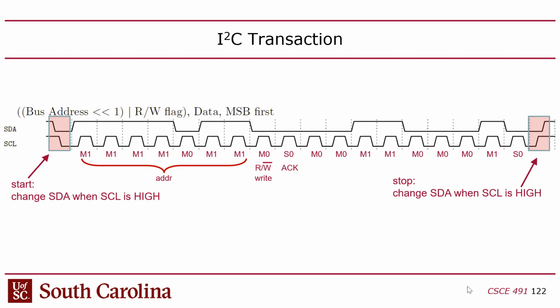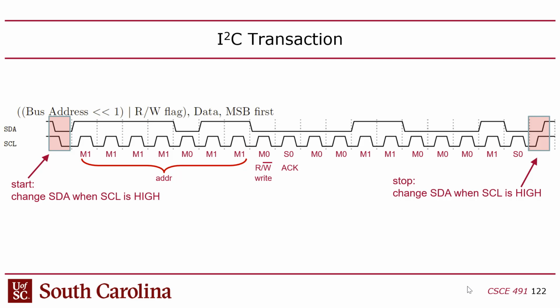So here's the start bit, change the data when the clock is high. And then we have the address, which is 1, 2, 3, 4, 5, 6, 7 bits. So the address is 7 bits, again most significant to least significant. Then the read-write bit, which in this case is 0, so it's a write. And then the acknowledge is a 0.